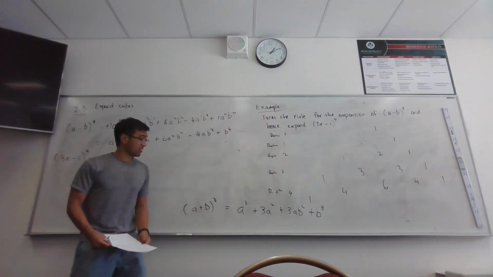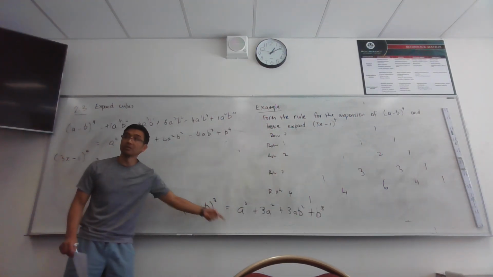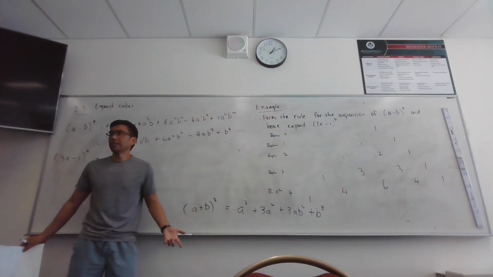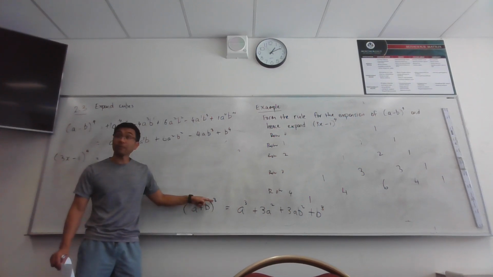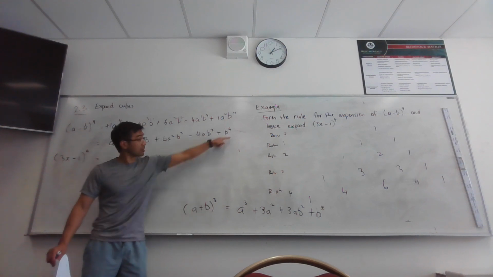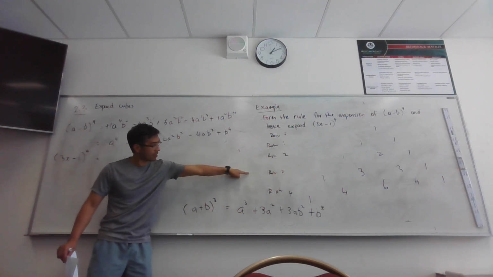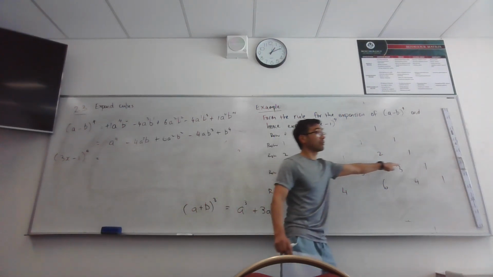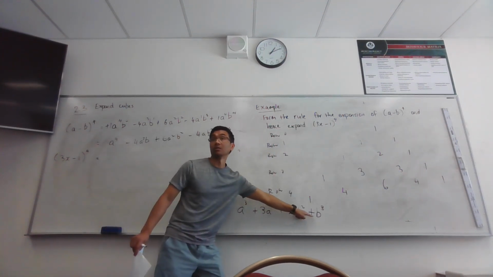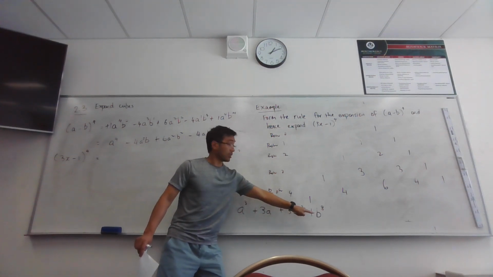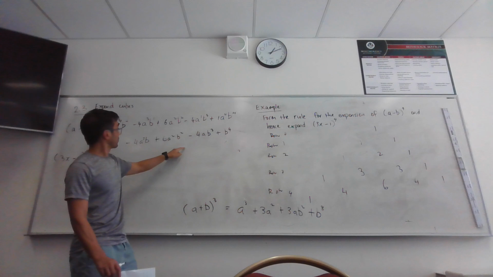At the start of the class, I told you to memorize this formula, but you don't really need to. I look for a power 3, I look to row 3. What are the numbers in row 3? 1, 3, 3, 1. Have a look at the expansion: 1, 3, 3, 1. It applies to the 4 as well.